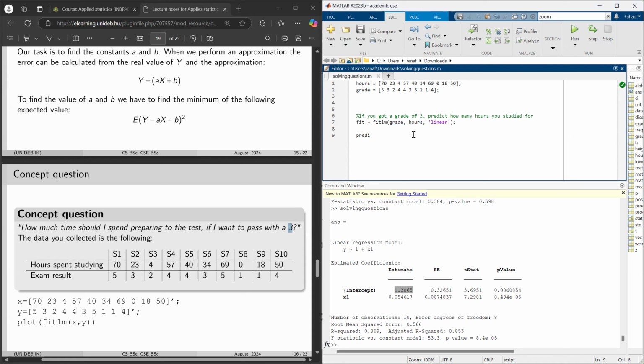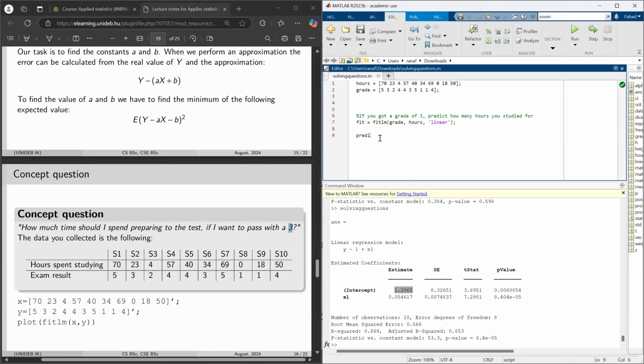Let me just confirm that. Yeah, that's what it says here. So grade is given, we put it first, hours is required, so we put it second. And then we use the predict function.